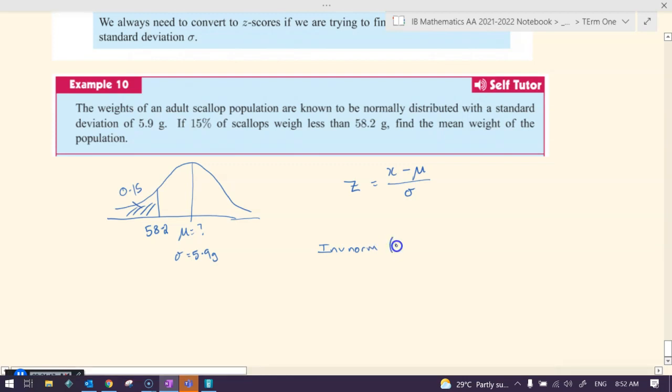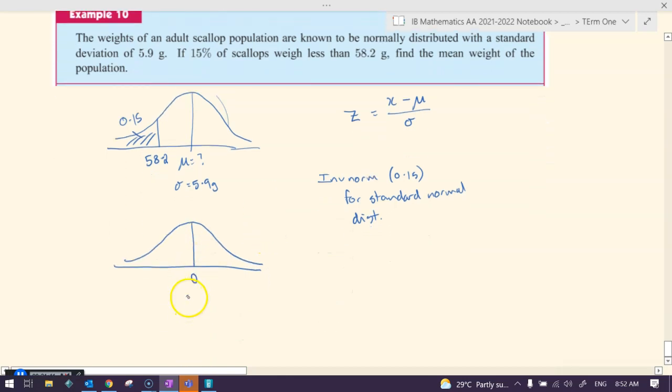If I do the inverse normal of 0.15 for a standard normal distribution, effectively I'm converting this original distribution into the standard distribution with a mean of 0 and a standard deviation of 1, and I want to know what Z value is going to correspond to that 58.2. So when this area is 0.15, what's the Z value there?